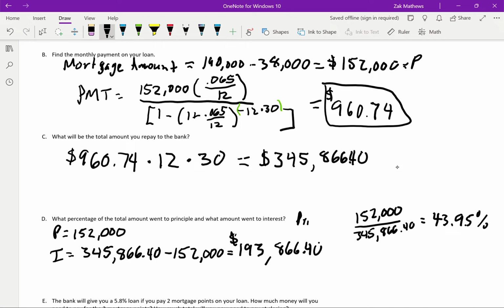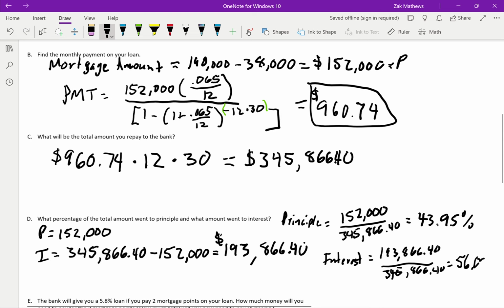And then interest is going to be equal to 193,866.40 over 345,866.40, and I get 56.05%.